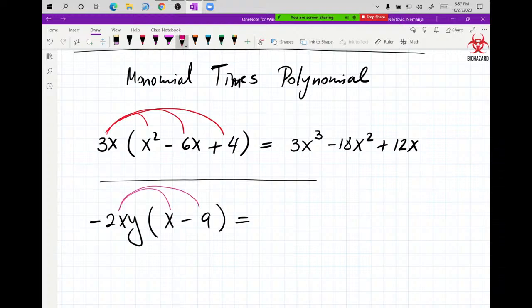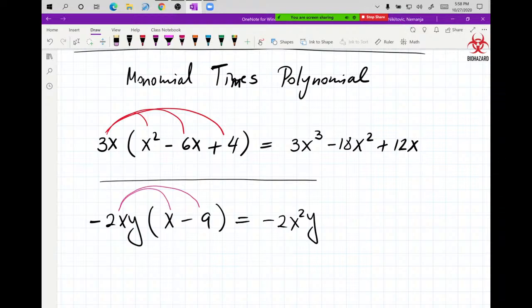So these problems should always take like 10 seconds or so, because all we do is distribute the values. So we have negative 2x squared y, because x times x is x squared.